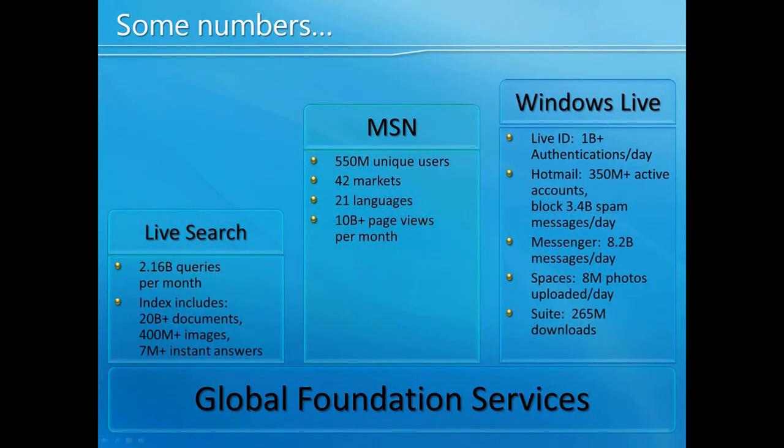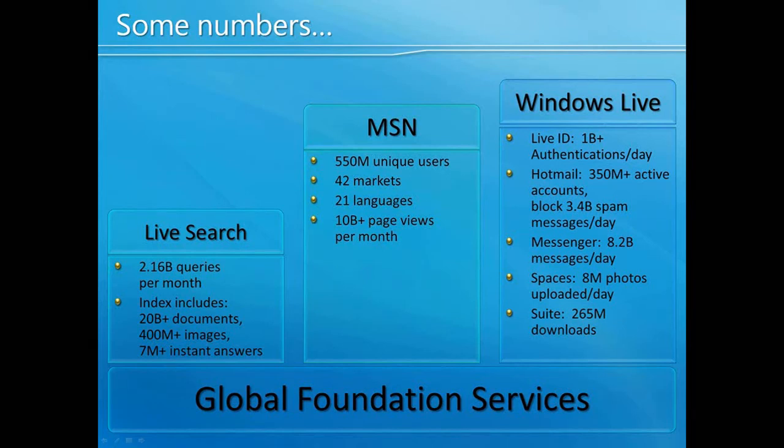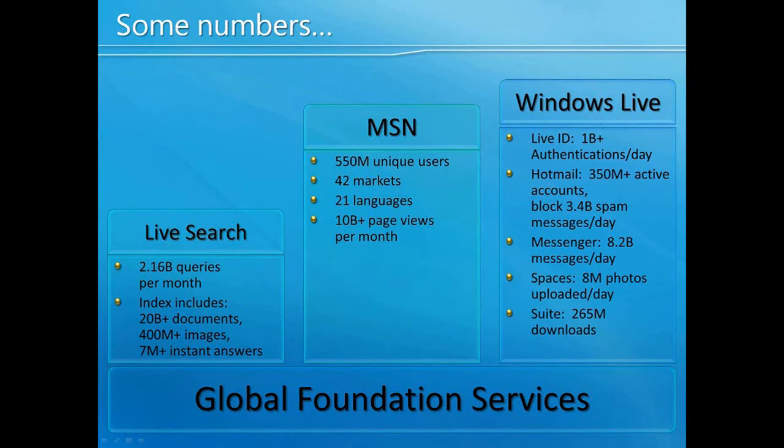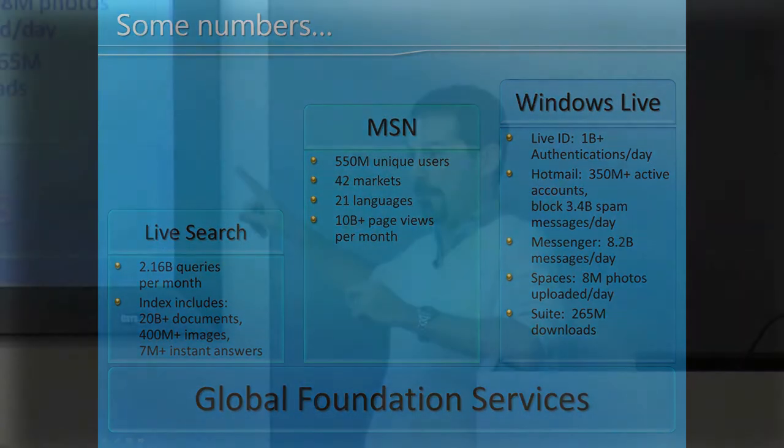Just think about these numbers. What it means to manage an infrastructure that is able to handle these numbers. The head of the Microsoft Global Foundation Services, which is a way of saying she is the head of all our data centers, said at a presentation with some press some time ago that we are adding 10,000 servers per month to this infrastructure.